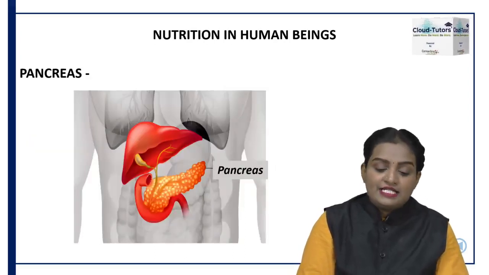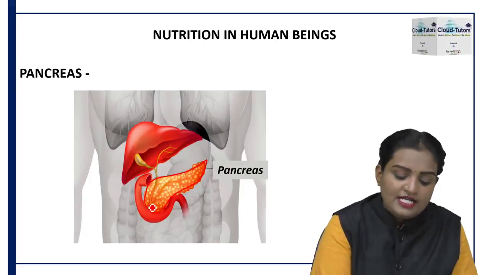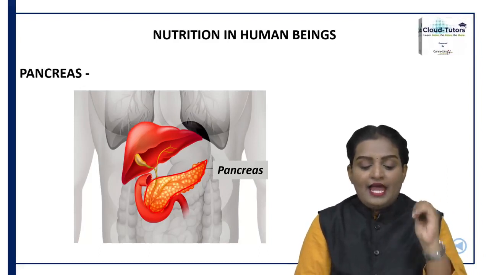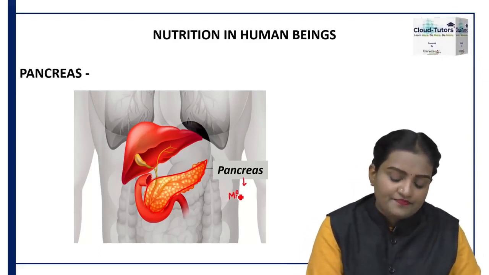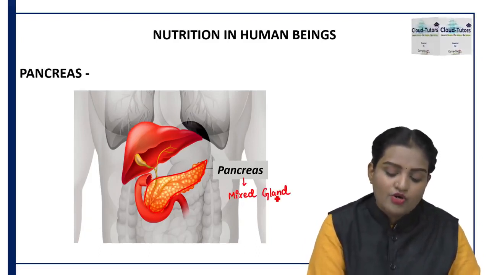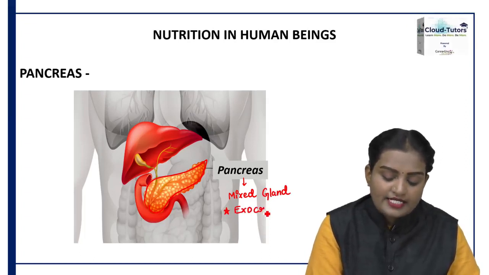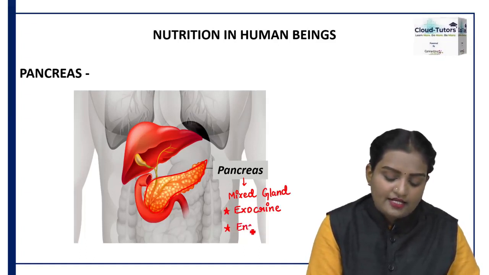Second is the pancreas. The pancreas is a leaf-like structure, as you can see here, which is located just below the stomach, and the pancreas is termed a mixed gland. Mixed gland because it functions both as an exocrine gland as well as an endocrine gland.